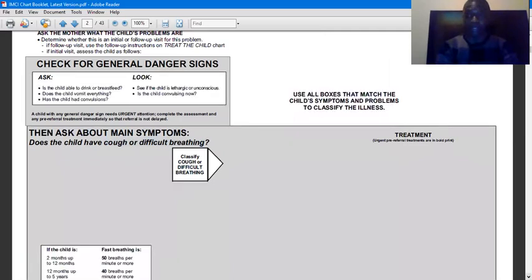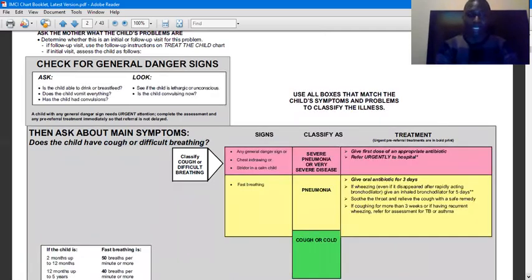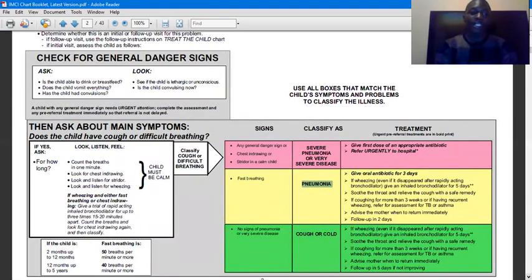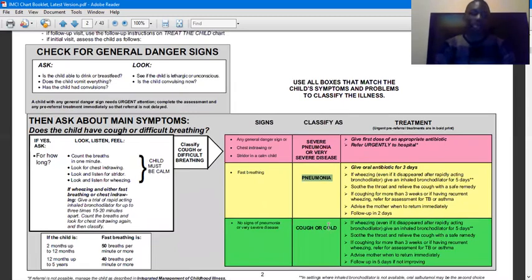According to IMCI, if the child is aged between 2 months up to 12 months and presents with 50 breaths or more in 1 minute, you classify those as fast breaths. If the child is between 12 months and 5 years, and has 40 breaths or more per minute, you classify those as fast breaths.